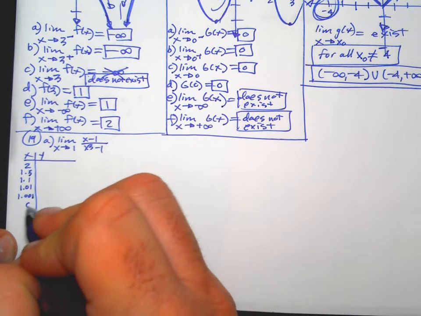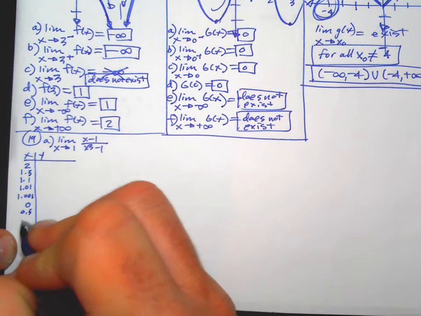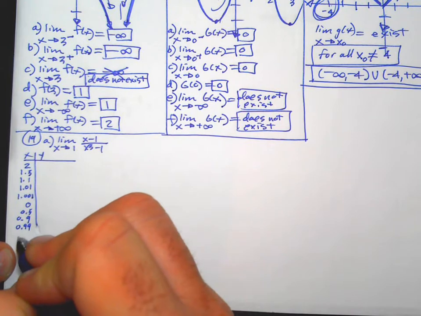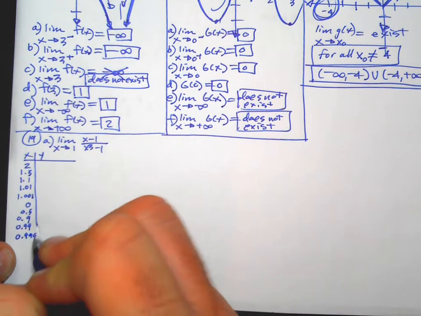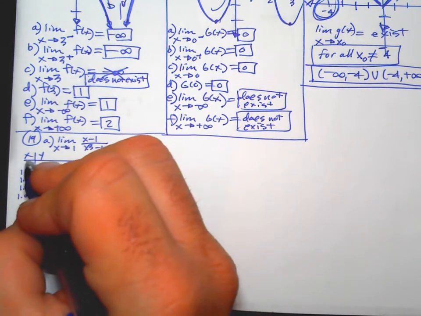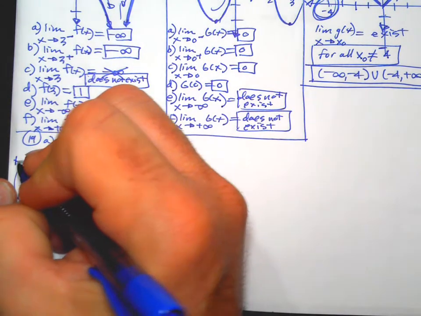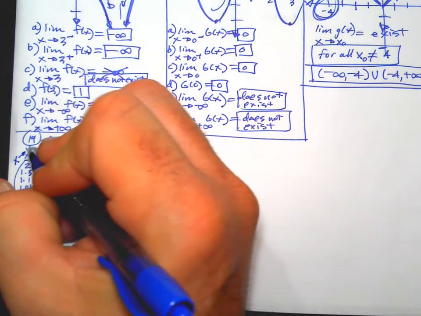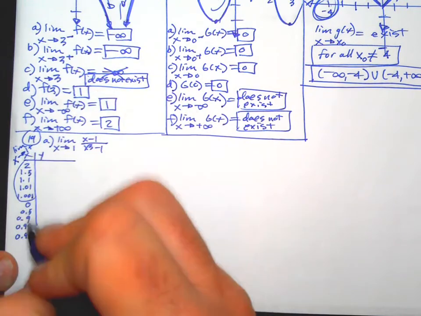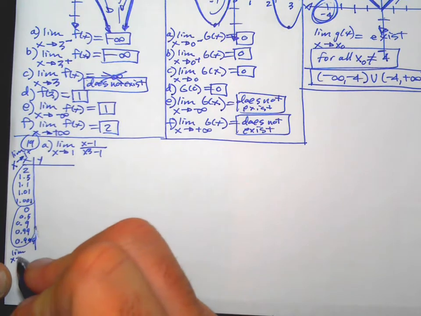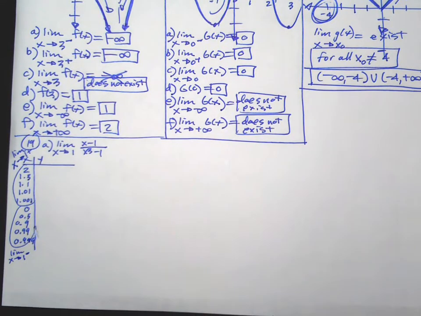Then we're going to plug in 0, 0.5, 0.9, 0.99, 0.999. Now, these represent the limit as x approaches 1 from the right side, right? And then these represent the limit as x approaches 1 from the left side.